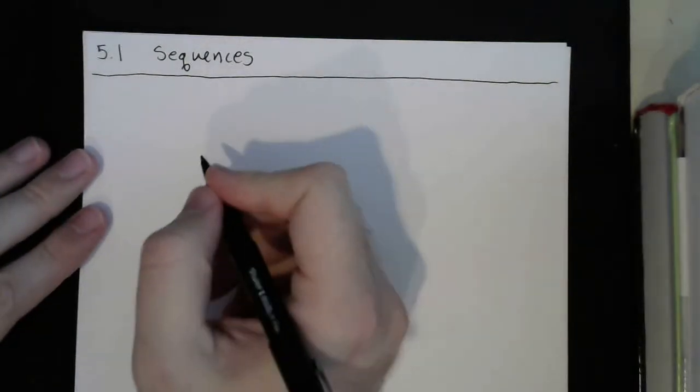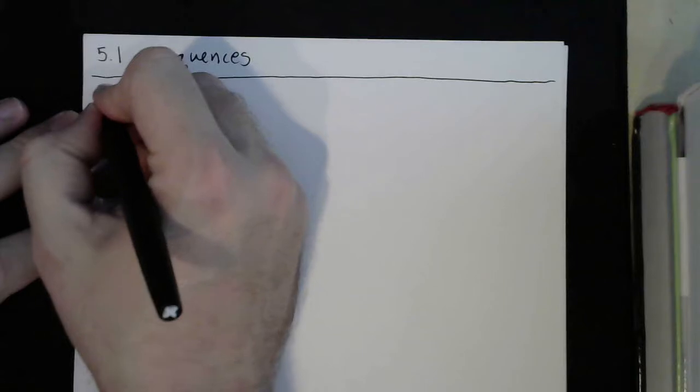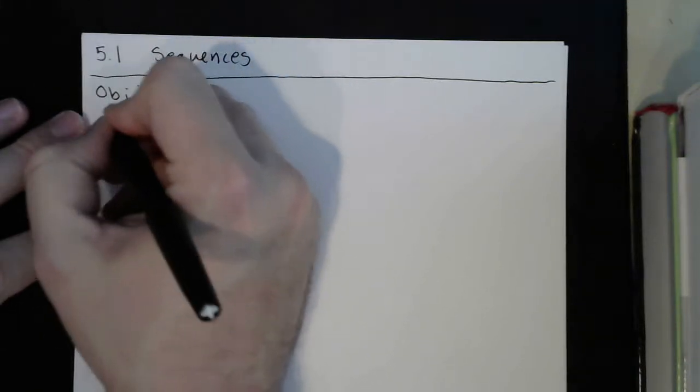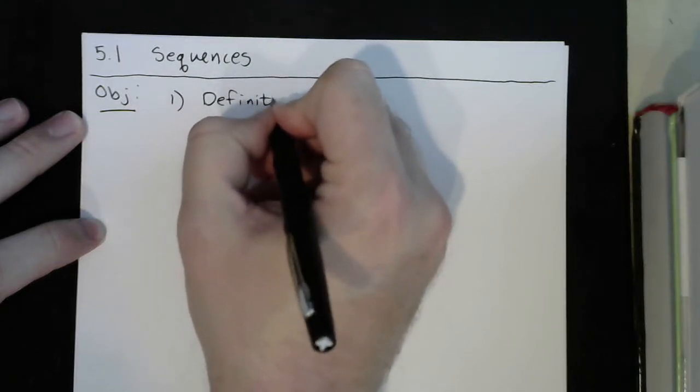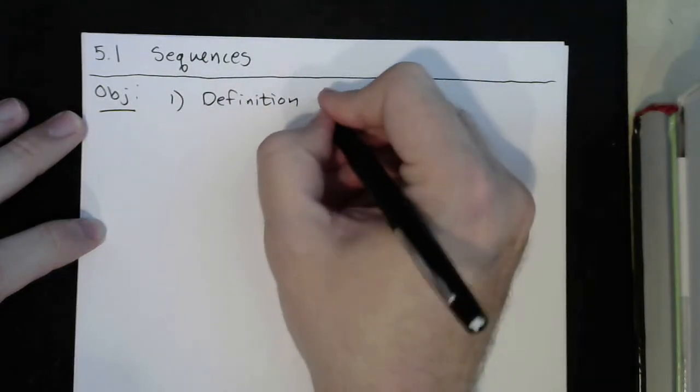Okay, section 5.1, sequences. There are three things in this section that we're going to talk about. The first is some definitions and summation notation.